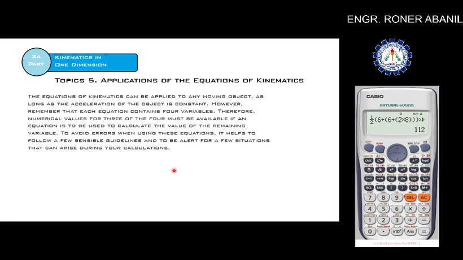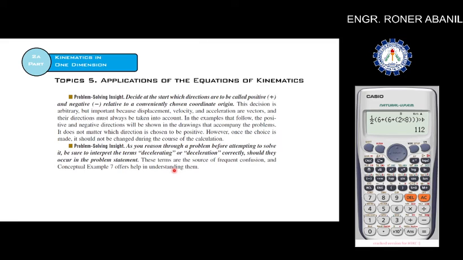Therefore, numerical values for three of the four must be available if an equation is to be used to calculate the value of the remaining variable. To avoid errors when using this equation, it helps to follow a few sensible guidelines. To be alert for a few situations that can arise during your calculation. So ano yun? Guidelines na yun.